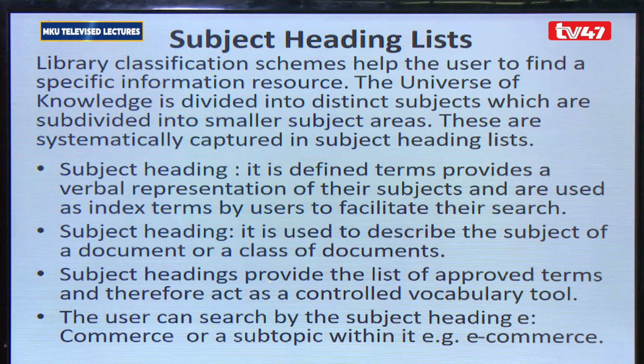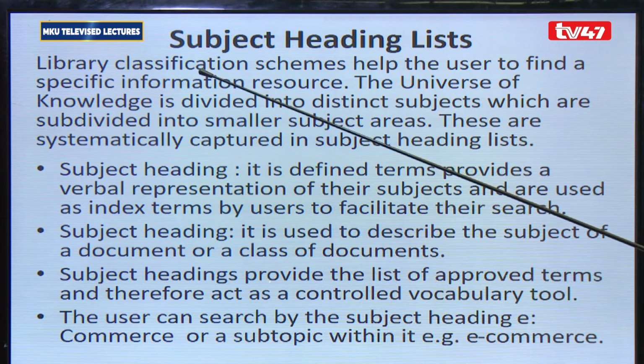And an information resource material need not contain only one subject. It could be a combination of subjects. So you derive those subjects from the subject heading list, which is a very important manual to use when classifying.